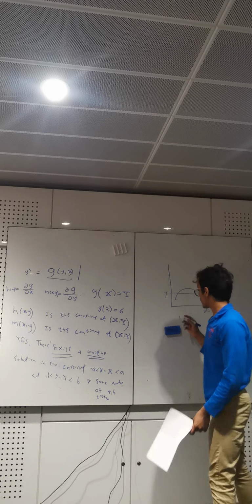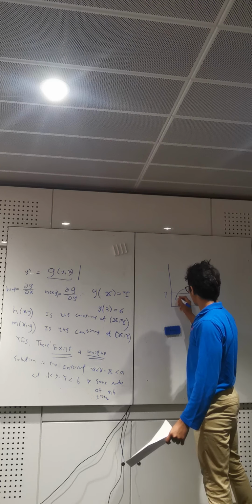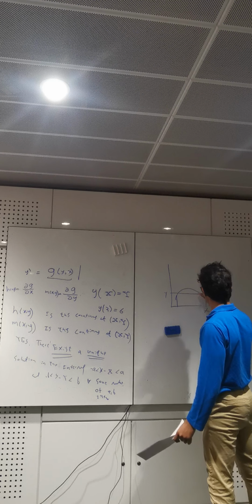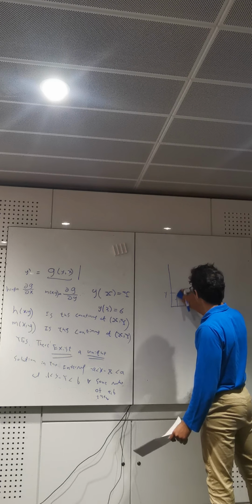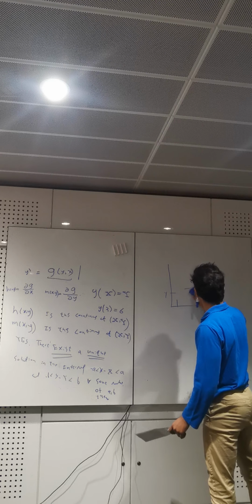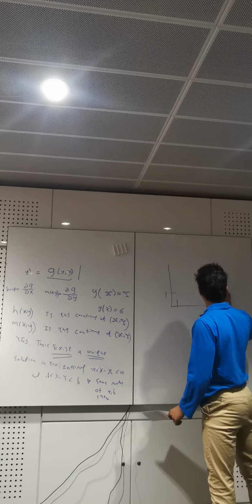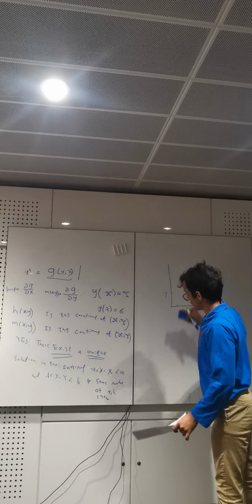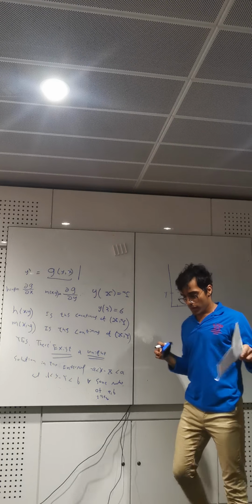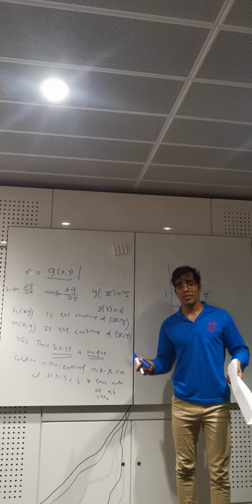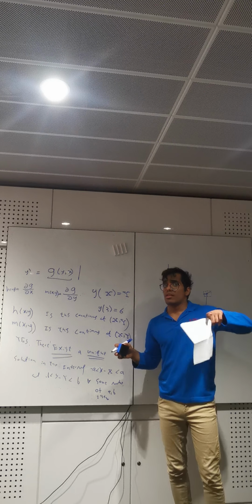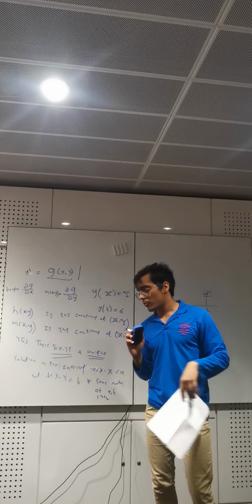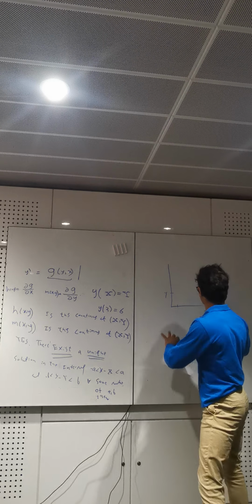So there exists a uniqueness. But it did not tell you anything about what's happening outside the box. You only know what's going to happen inside this box. So you know that inside that box, if I work hard, I'm going to find a solution, and it's going to be unique. And you don't know how big the box is. So that's the problem of this existence and uniqueness theorem.